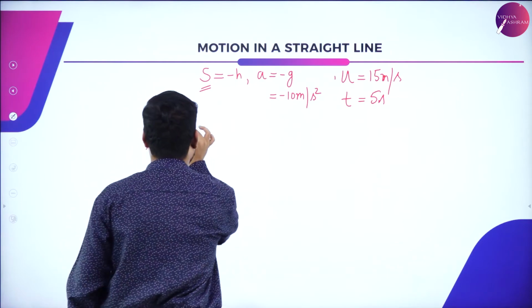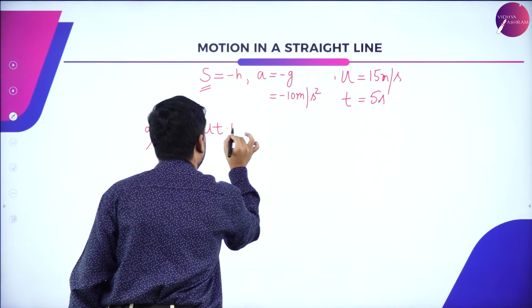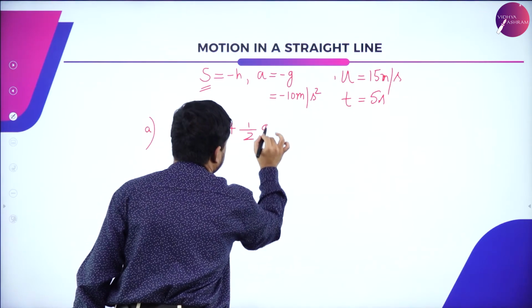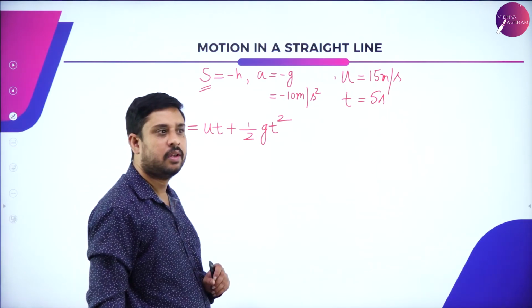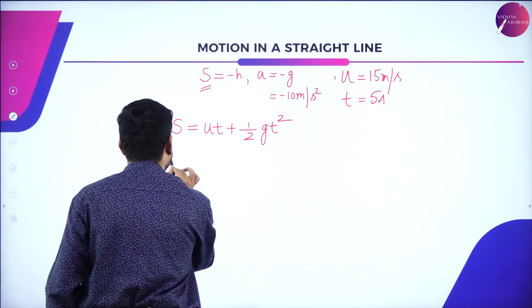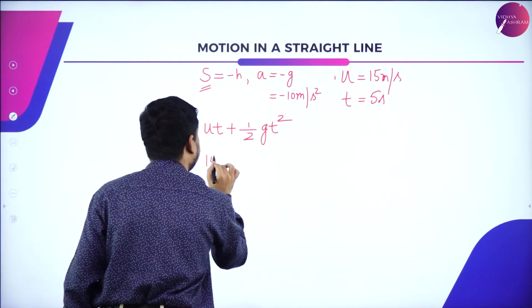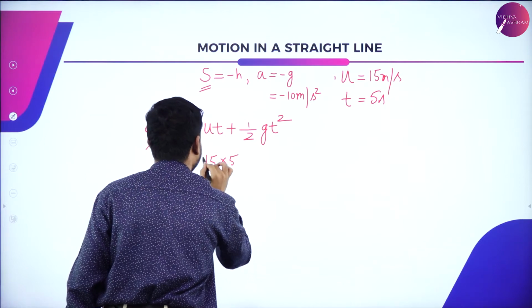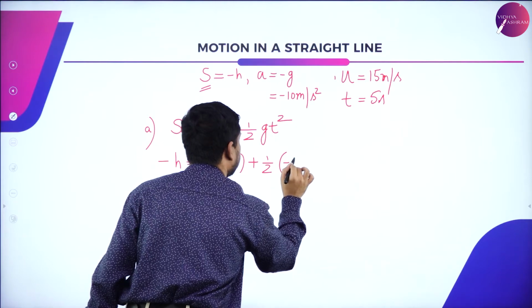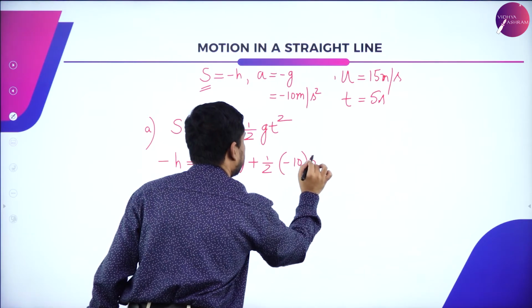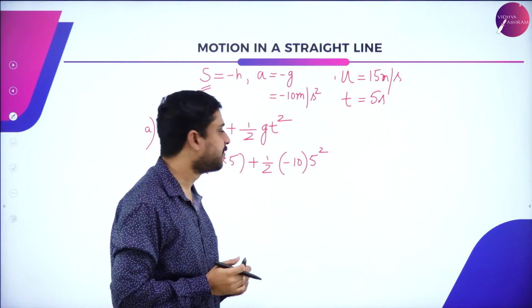So I use the equation S equals ut plus half gt square. Now S is minus h. U is 15 into 5, plus half into minus 10, t square is 5 square.